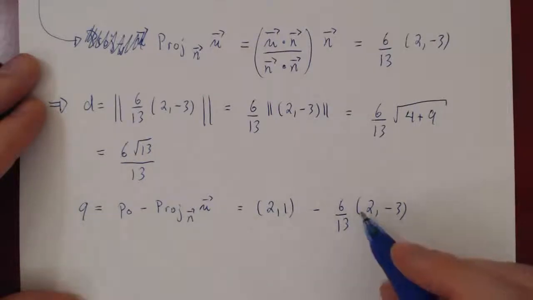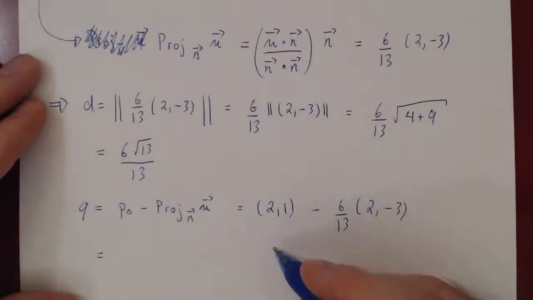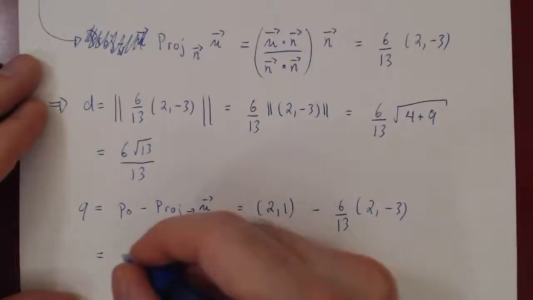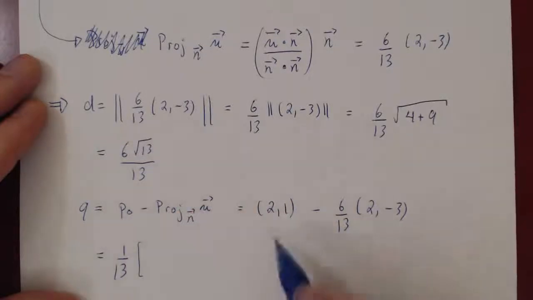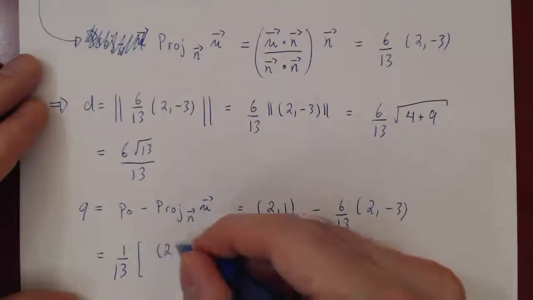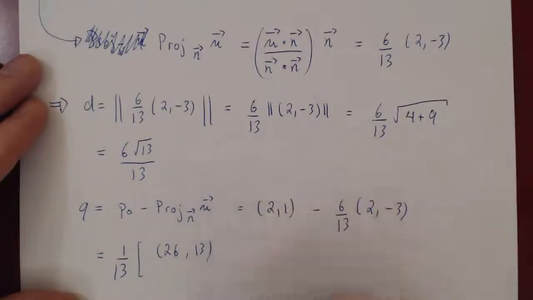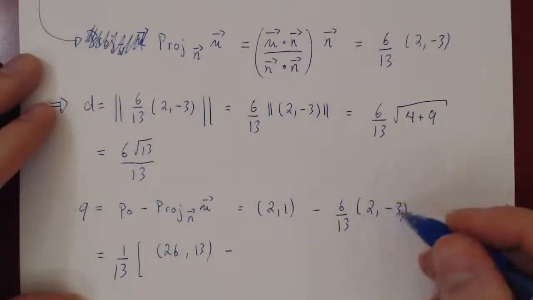If you want to combine these two as a single point, put everything over 13 and factor the 1 over 13. So here multiply by 13 over 13, so you'll have 13 times 2, 13 times 1, therefore 26, 13, minus the vector 2, negative 3.